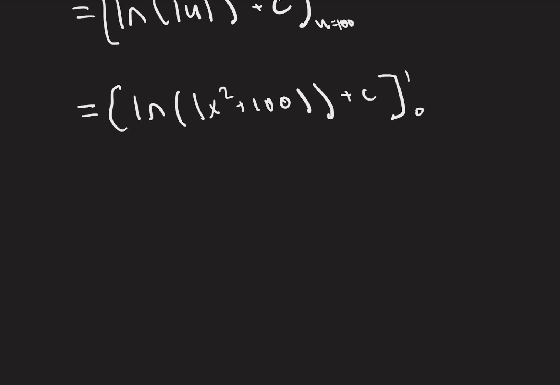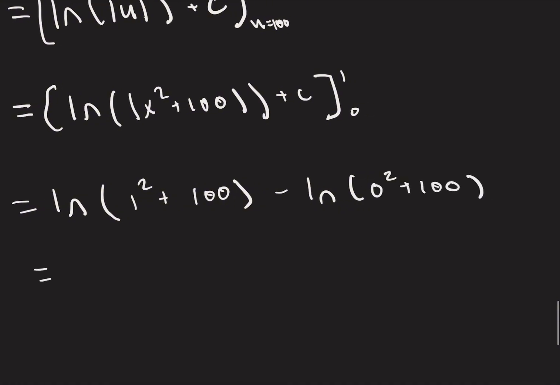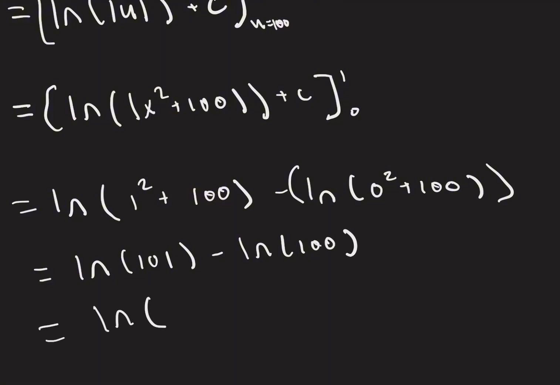And now you just solve. It'll be ln of 1 to the power of 2 plus 100, subtract ln of 0 to the power of 2 plus 100, which will just give you ln 101 subtract ln 100, or if you want to simplify even more, ln of 101 divided by 100.